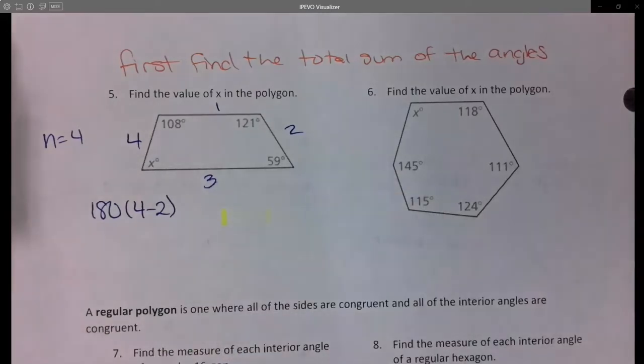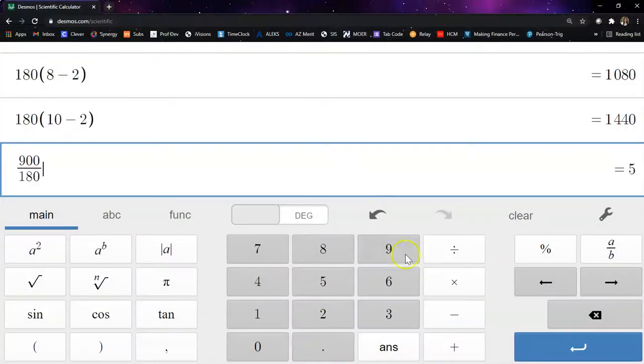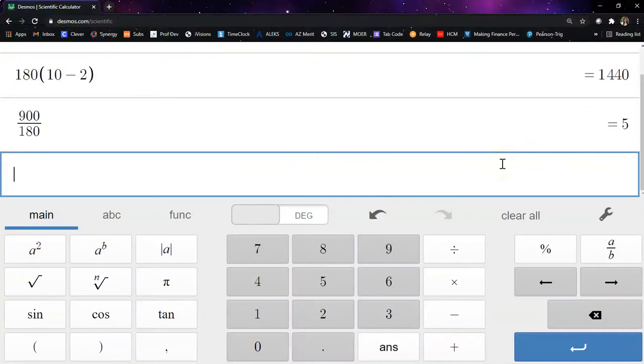Then I want to type this into Desmos, which gives me 360.